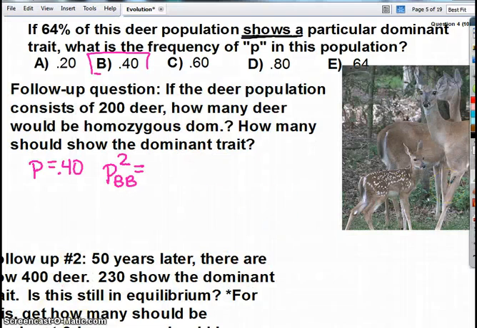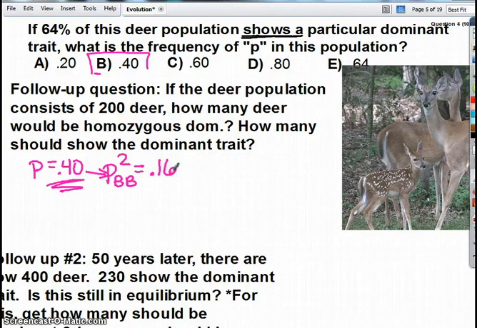Okay, so in our follow-up question, we say the population consists of 200 deer, and how many deer would be homozygous dominant. So if p is 0.4, we know that p squared represents our frequency of homozygous dominant, our percentage. So 0.4 squared is going to be 0.16.